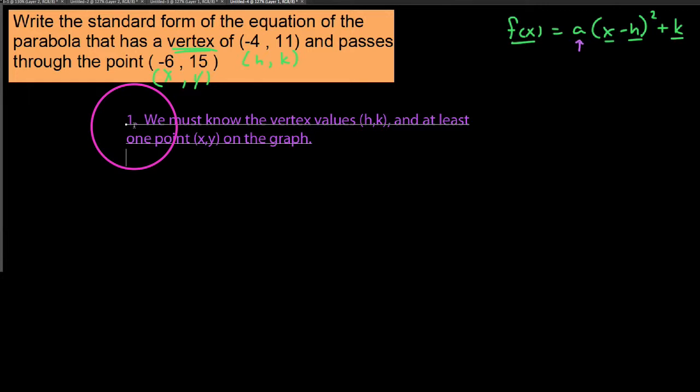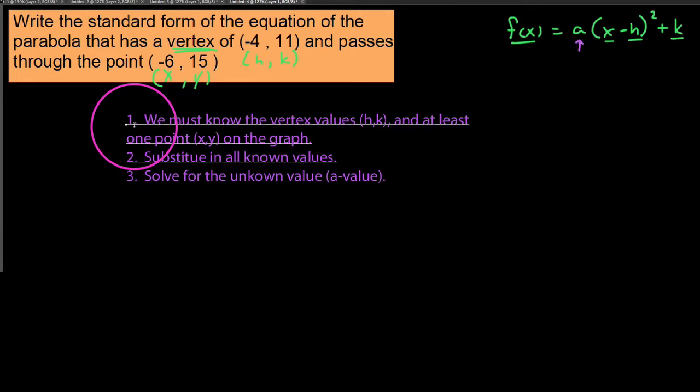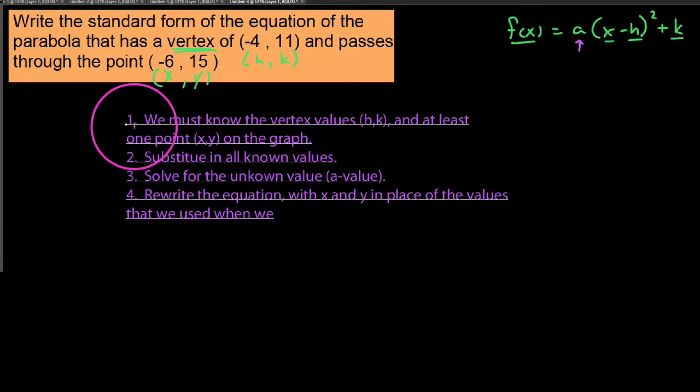Two, substitute in all known values. Three, solve for the unknown value, which is going to be the a value. And step four, we'll rewrite the equation with x and y in place of the values that we used when we substituted.